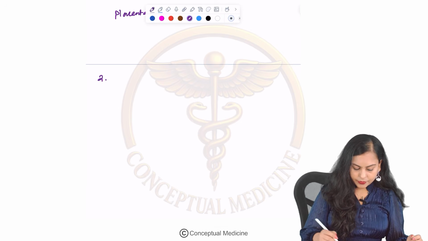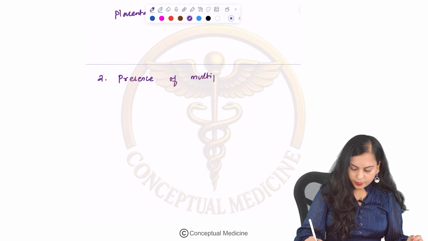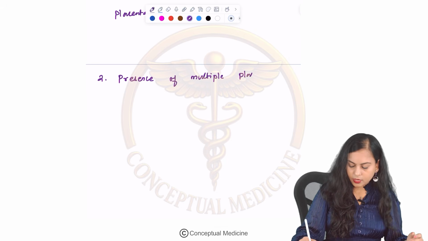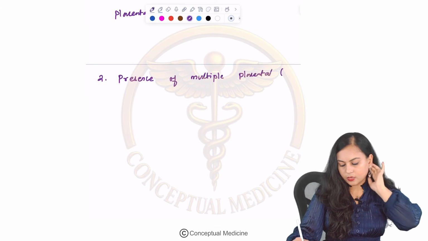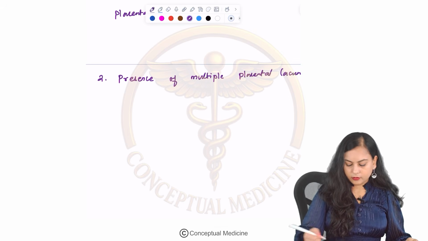And the second one is there is presence of multiple placental lacunae.